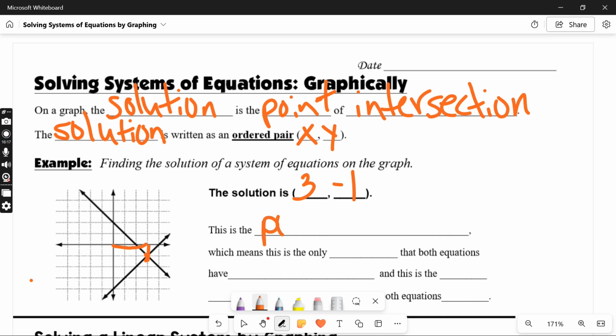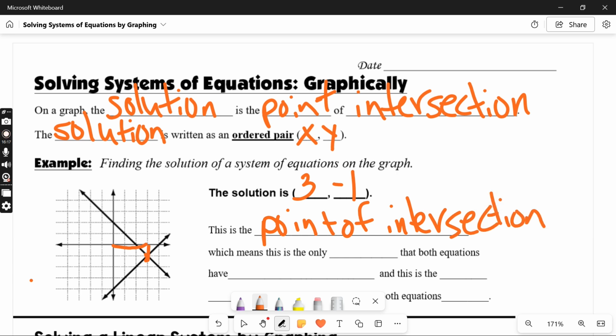This is the point of intersection, which means this is the only point that both equations have in common.